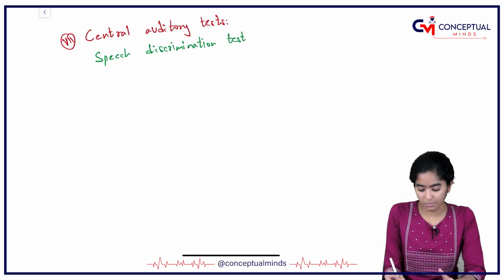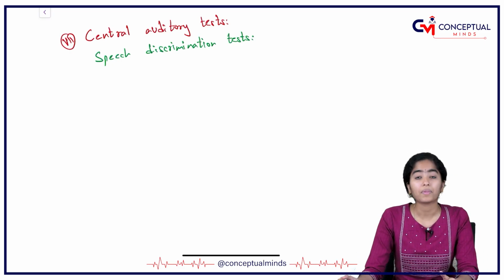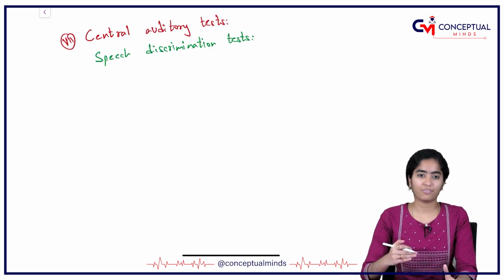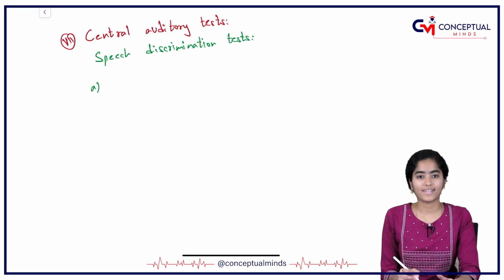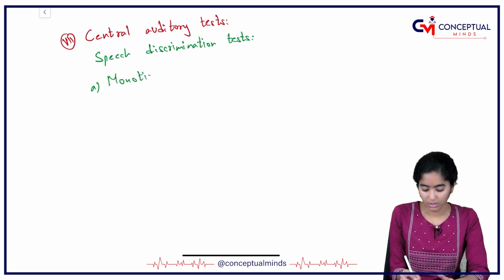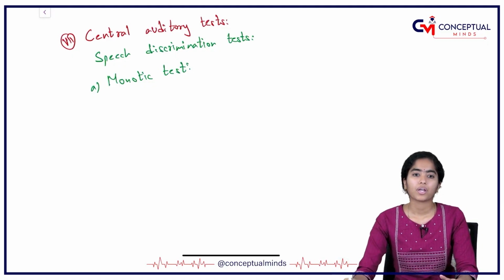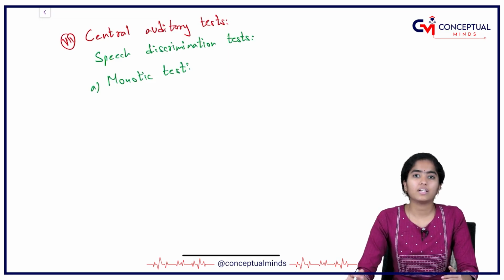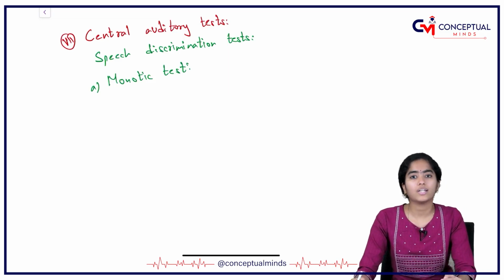If the speech discrimination score is poor, we say it is sensory neural type of hearing loss. But in sensory neural also, to identify where exactly is the problem, we have 3 specialized type of tests. One is monotic test. What is monotic test? The patient is given some speech message not in a very clear fashion, in some noisy surroundings, or the speech is not clearly spoken.